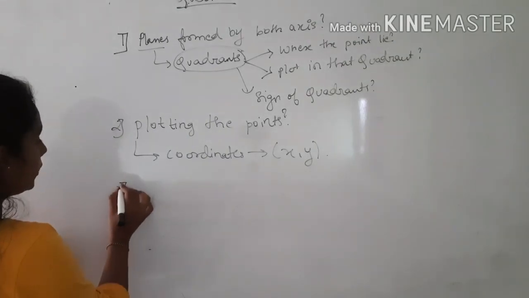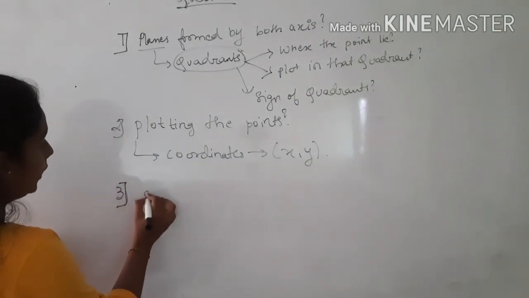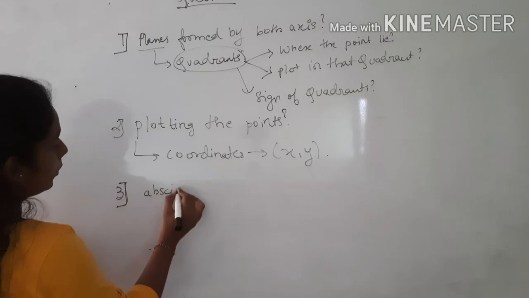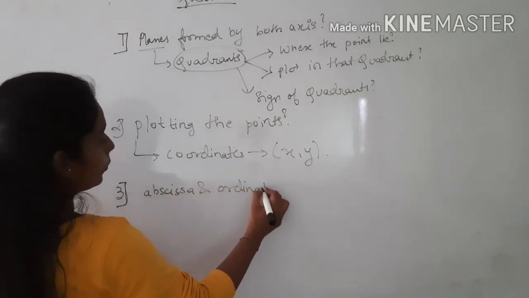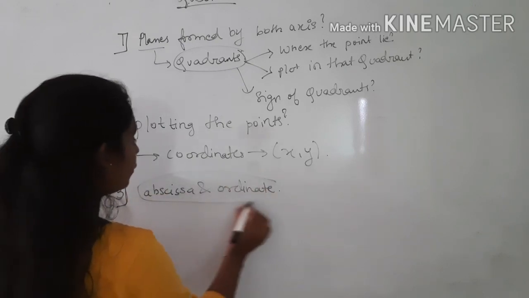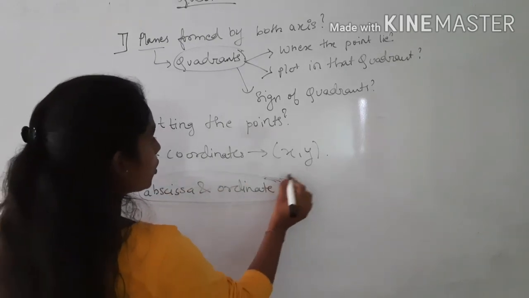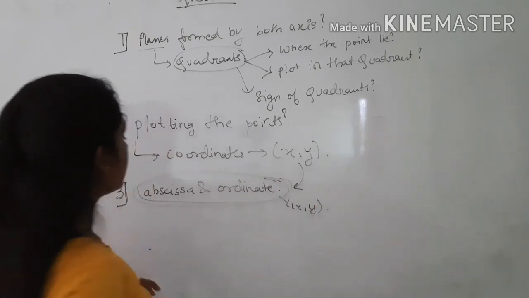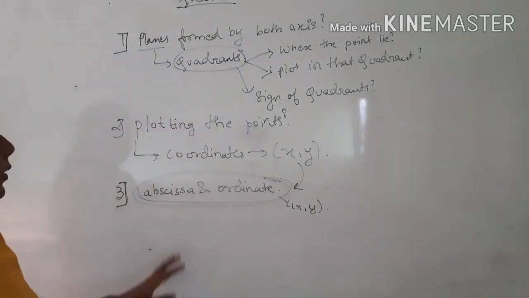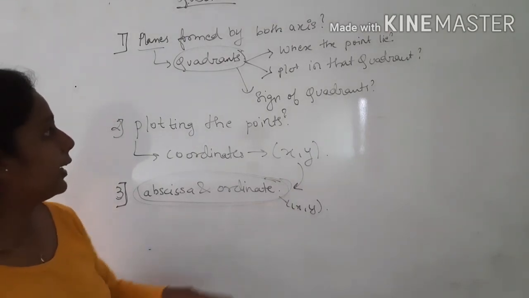And the third question that is asked is about abscissa and ordinate. This is an important one where many students get confused. It is nothing but x and y. You have to remember it. That is the x coordinate and y coordinate of the point.